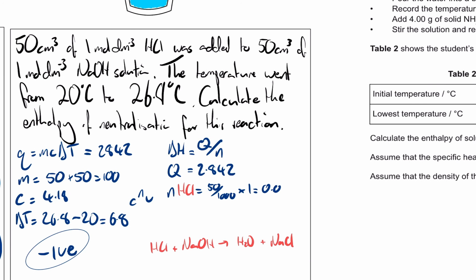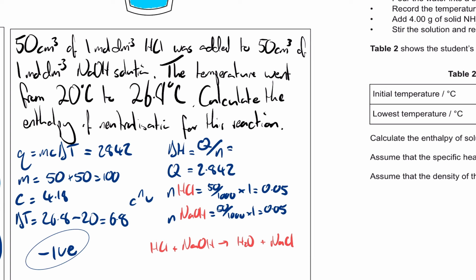And I've got 0.05 for NaOH. I've, funnily enough, got exactly the same thing. So I've got my 50 over 1,000 times by 1, 0.05. So actually, equal moles, 1-to-1 ratio, I use both, right? Now I put my values in.